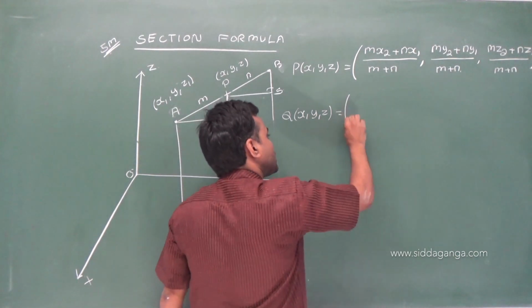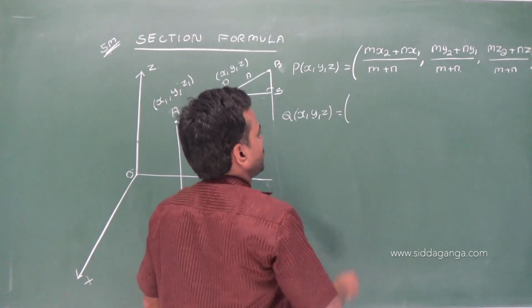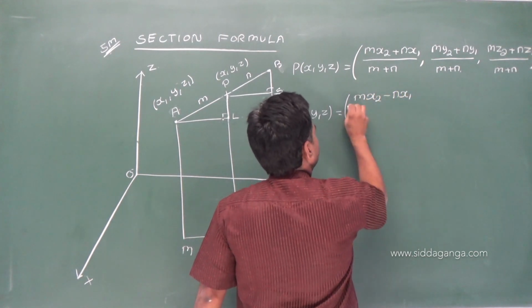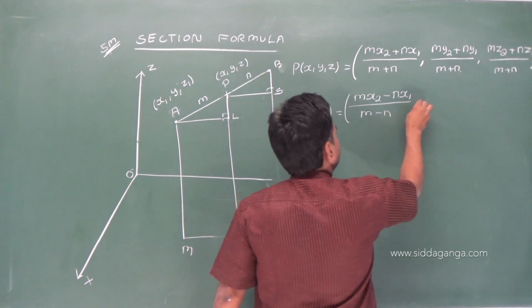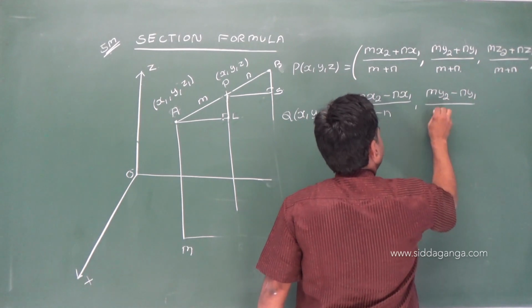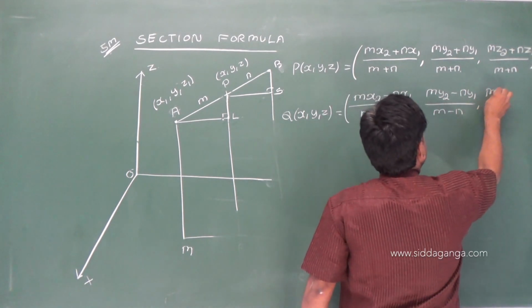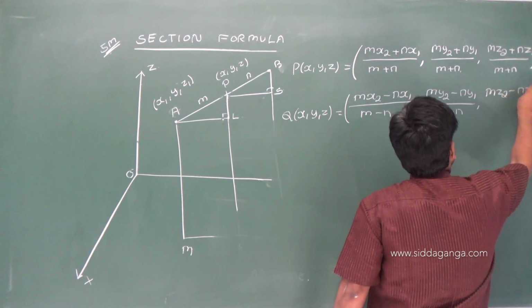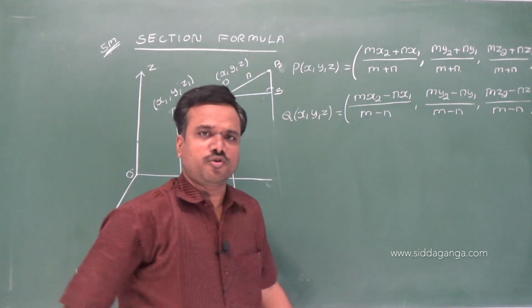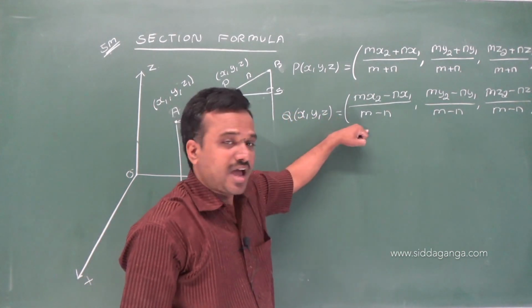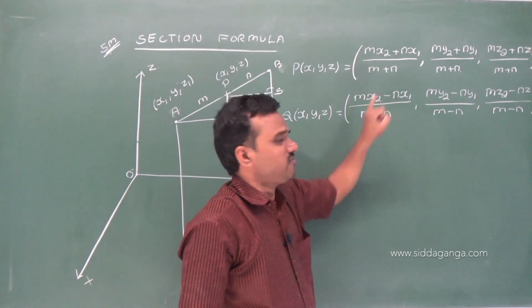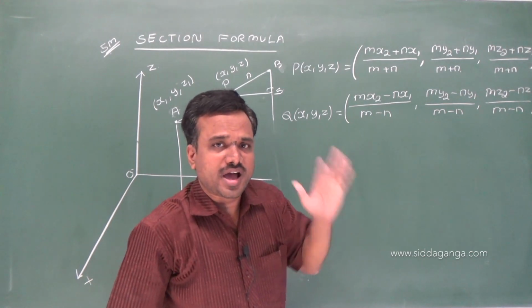Q of x comma y comma z is mx2 minus nx1 divided by m minus n, my2 minus ny1 divided by m minus n, mz2 minus nz1 divided by m minus n. This is the section formula for external division. If it is plus, section formula for internal division. If it is minus, section formula for external division.